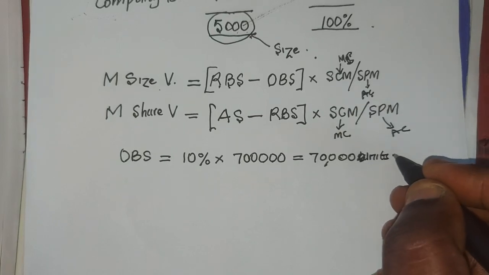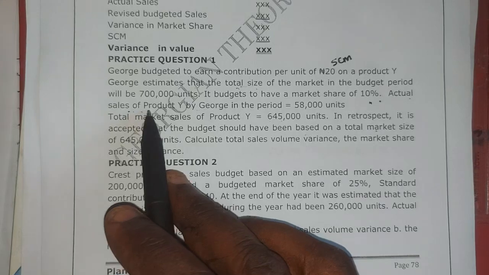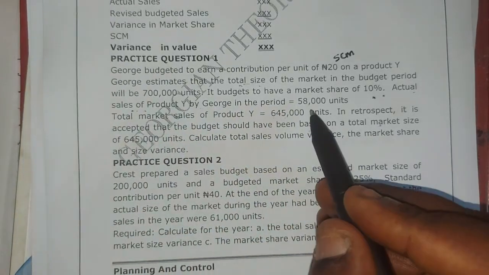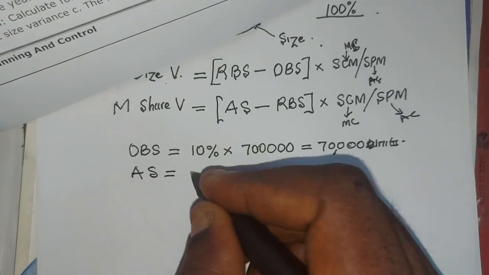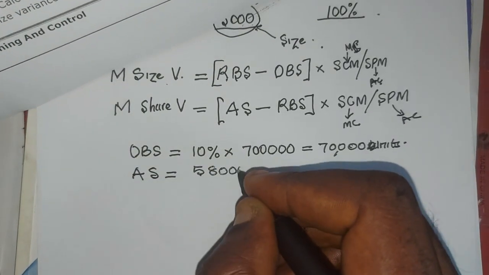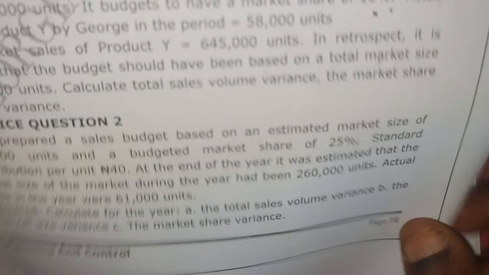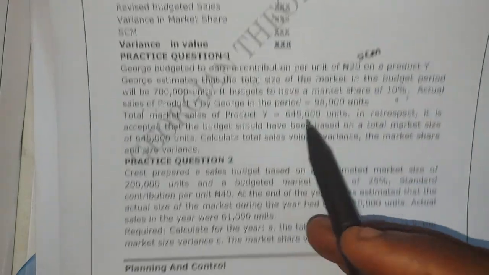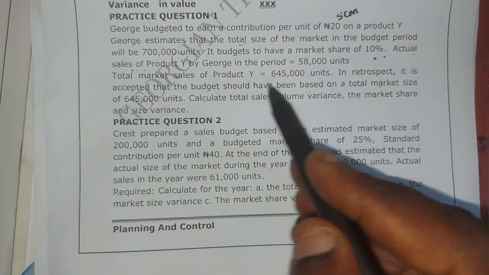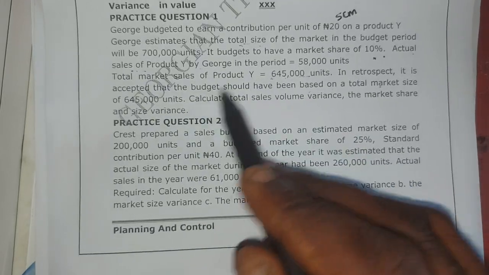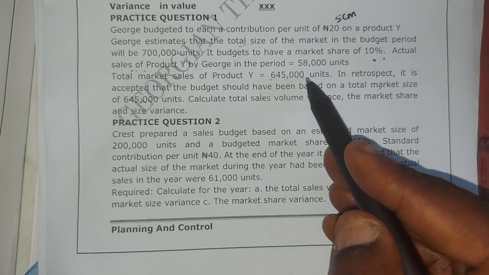All right, now let's read further. Actual sales for product Y by George in the period is 58,000 units. Now there is another information we need here. The total sales of the product Y in that market is 645,000 units.